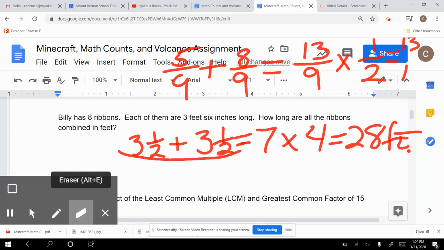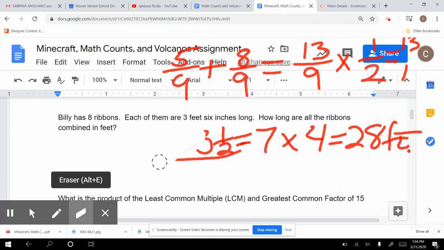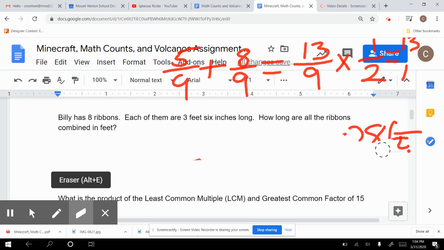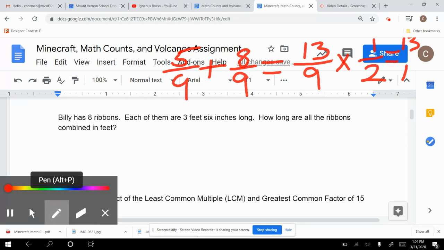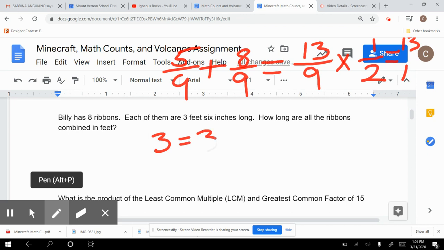Let's take a look at another one here. This is more of a brute force method that would work with any kind of number that they would be able to give you for something like this. We're going to take 3 feet 6 inches and convert that to inches total. Now, 3 feet is equal to 36 inches.